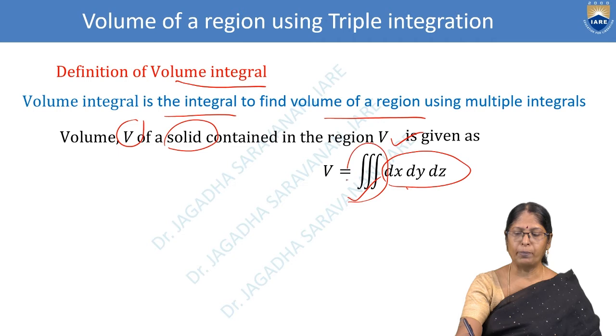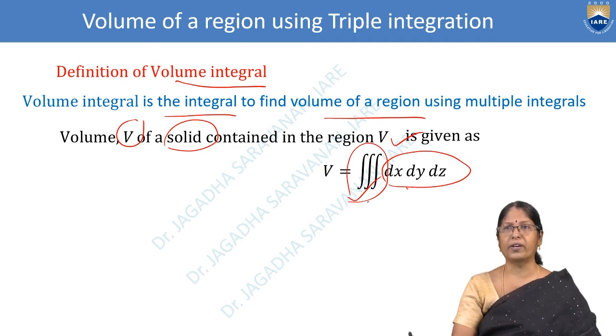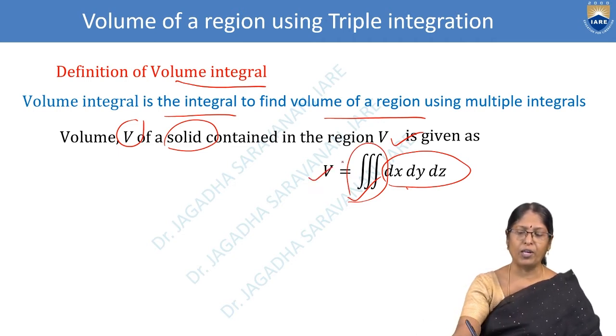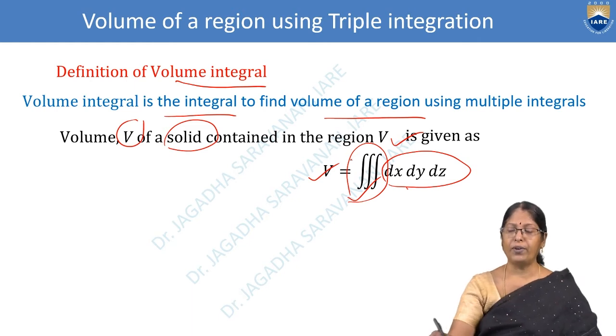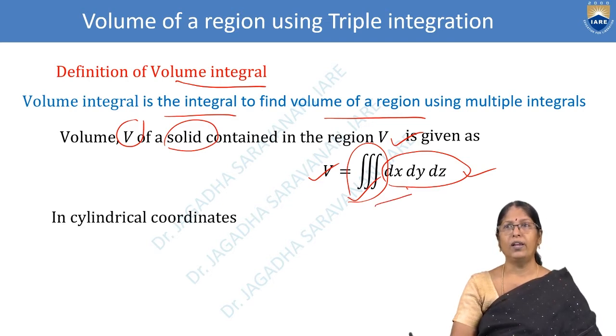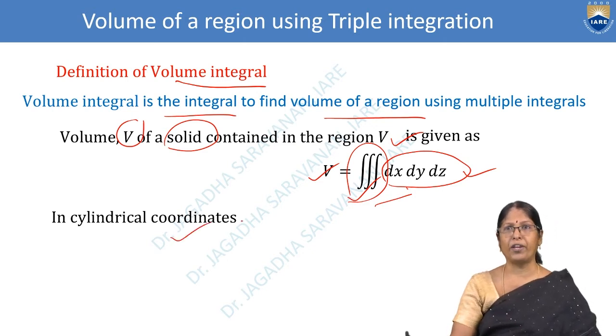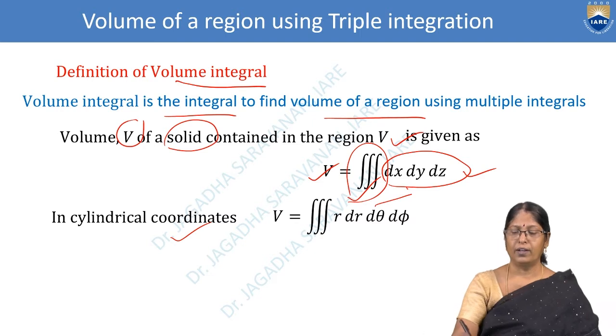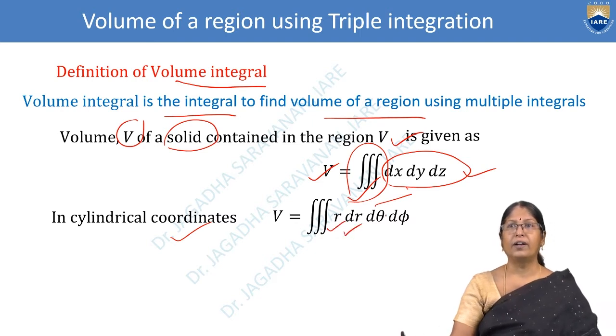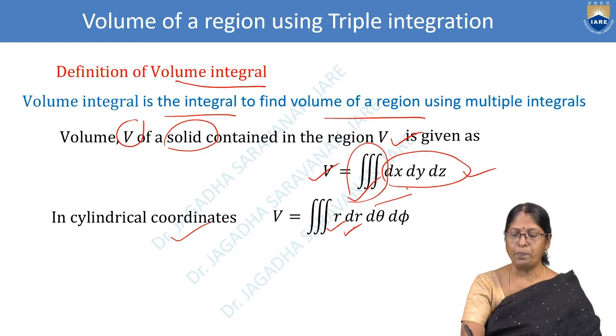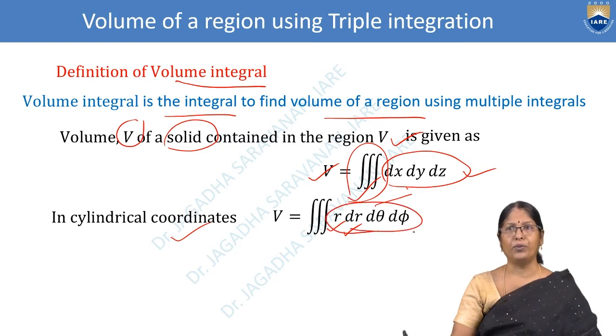We will do the multiple integral, that is the triple integral, to evaluate the volume. If it is in Cartesian form, this formula is to be used. Suppose instead of Cartesian form, if they are in cylindrical coordinates, then r dr d theta dz, this formula is to be used for polar coordinates in three dimensions.